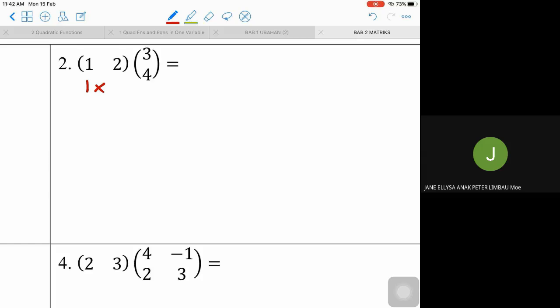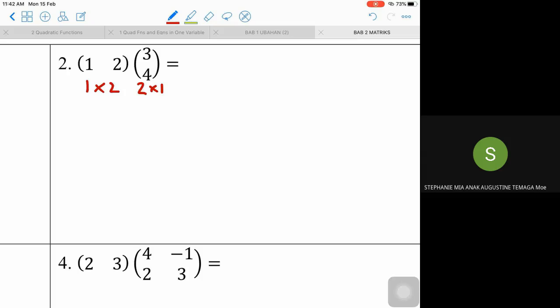So 1 times 2. And then for the second matrix, Stephanie, what is the order? 2 times 1. Okay, thank you. And next, Rosiana. Can we make the multiplication for these two matrices? Can or not?